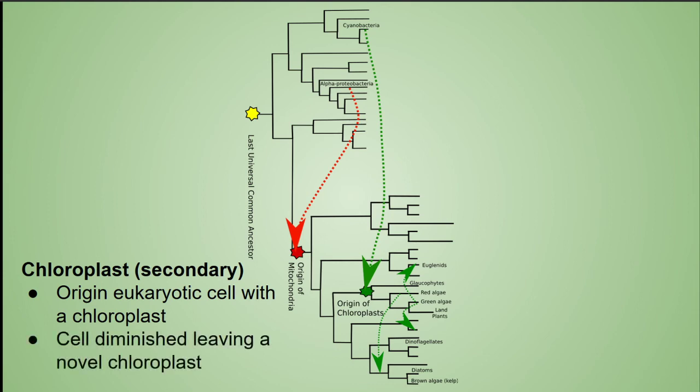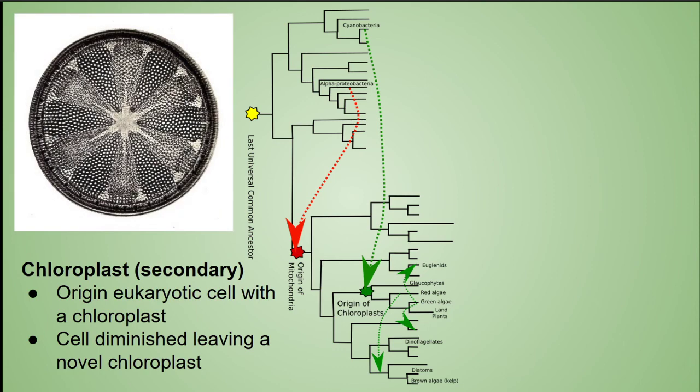Over time, that engulfed cell is diminished, it loses its nucleus, it retains some components. And we can see evidence both of the original cyanobacterium as well as evidence of that eukaryote. One of the ways that we can look for that evidence is in the membrane structure around those chloroplasts.